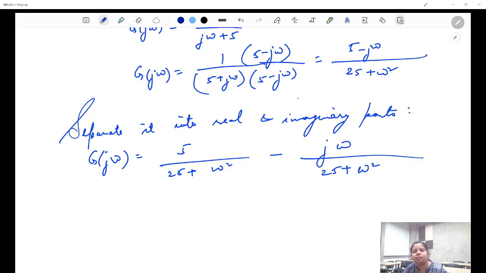It is separated, and once it is separated, we need to analyze the real and the imaginary part. If you analyze them, you'll be able to see in which quadrant it is going to lie.